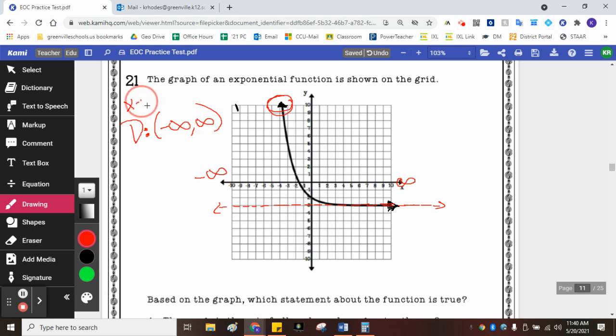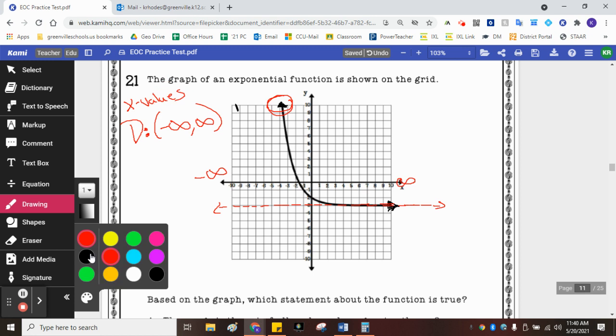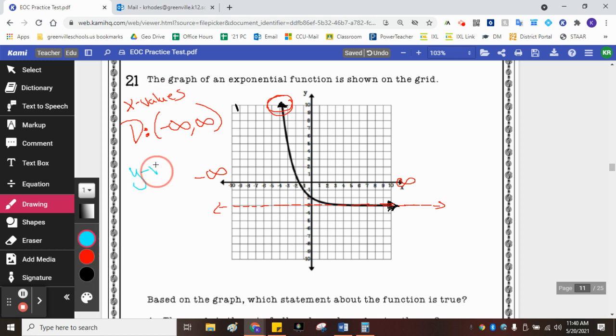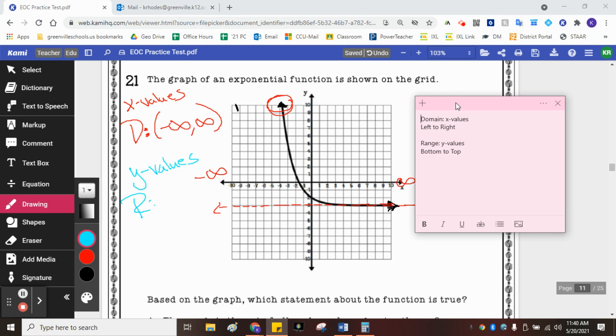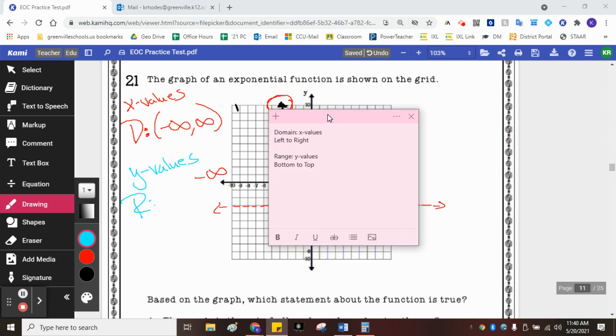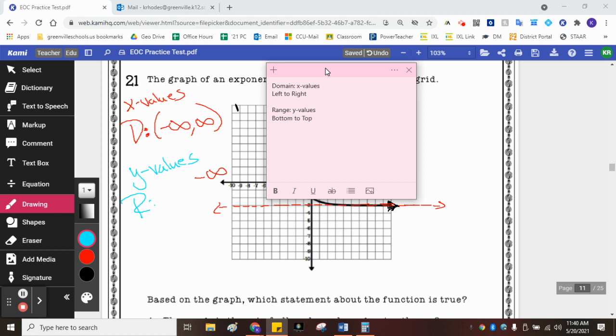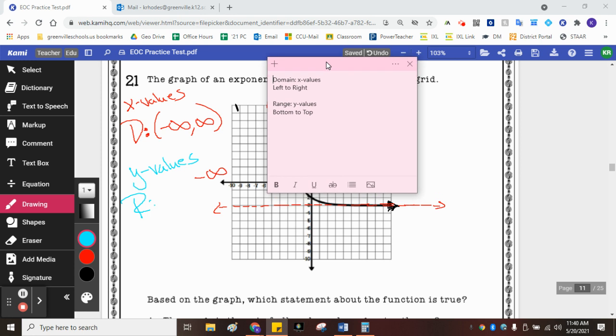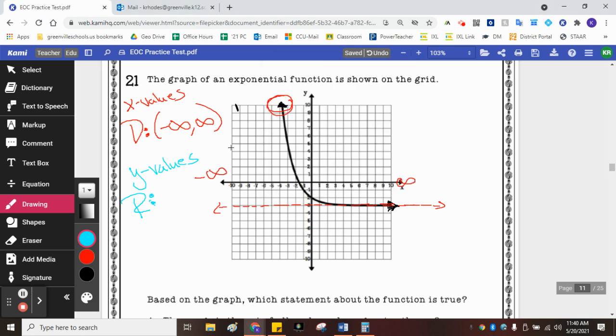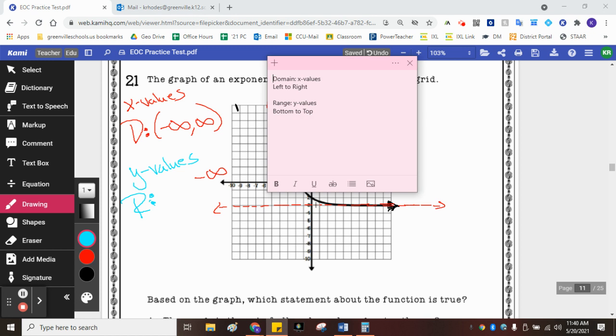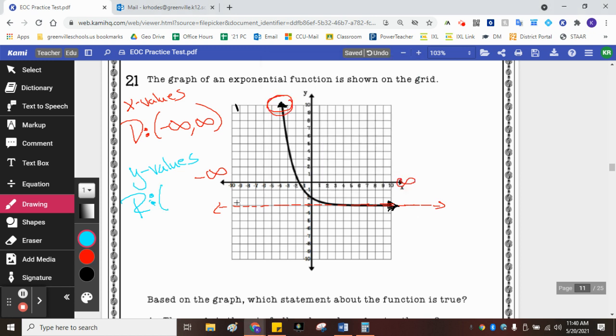Domain is x values. Range is your y values. Start at the bottom, work your way up. The first point I get to is -3. So it starts at -3, but it's not touching -3. It never touches that line.